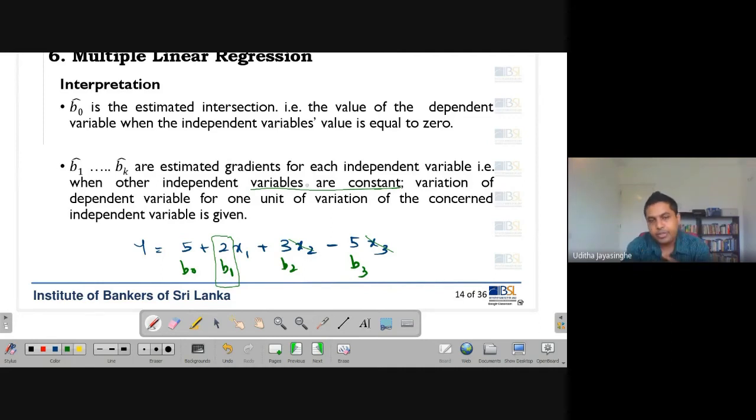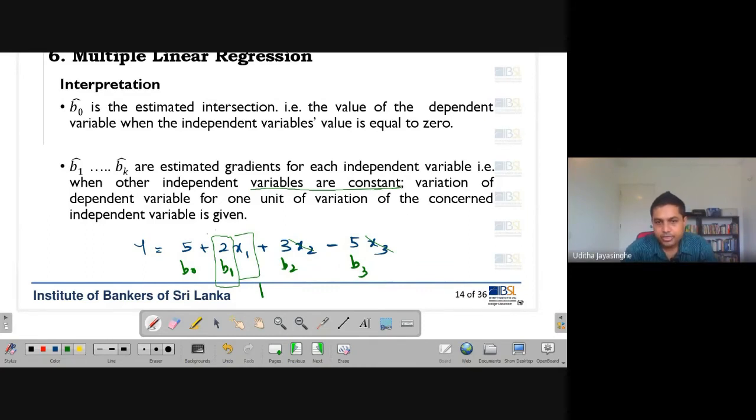At such a point, the defined gradient, like this 2 and this 3 and this 5, is going to tell you the movement of the y variable by that many times. If you move x1 by one item and keep all the other variables frozen, y will change by 2, so plus 2.